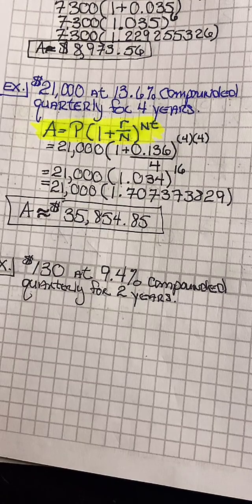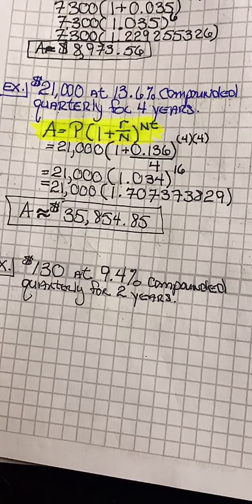Because you have to include your principal from that 1 year. What is N? N is how many times a year it's being compounded. So if it's compounded annually, it'll be 1 time. Semi-annually would be 2 times. Quarterly would be 4 times. Daily would be 365. So that's what the N's for.